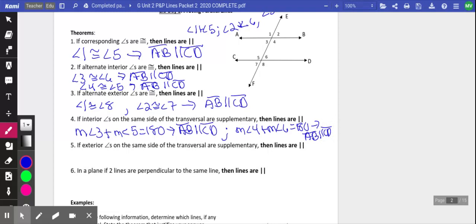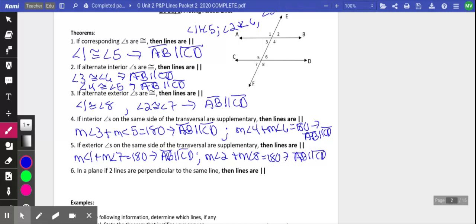If the exterior angles on the same side of the transversal are supplementary, so this would be the measure of angle 1 plus the measure of angle 7 equals 180. That would mean AB is parallel to CD. Or the measure of angle 2 plus the measure of angle 8 equals 180 would mean that AB is parallel to CD.